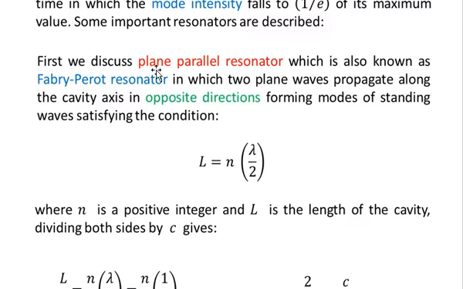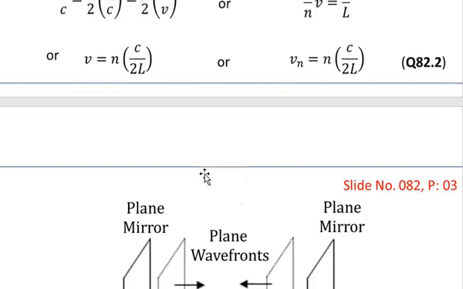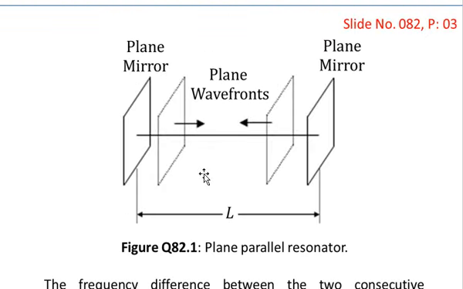First we discuss the plane parallel resonator, which is also known as the Fabry-Perot resonator, in which two plane waves propagate along the cavity axis in opposite directions, forming modes of standing waves satisfying the condition capital L is equal to n into lambda by 2, where capital L is the length of the resonator. So let me show you first the figure. This is a plane parallel resonator.